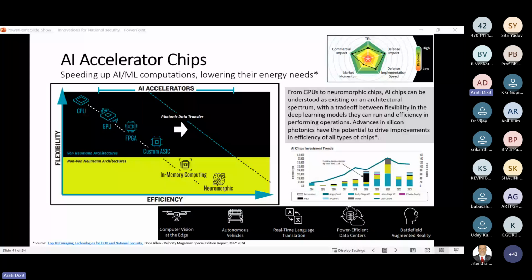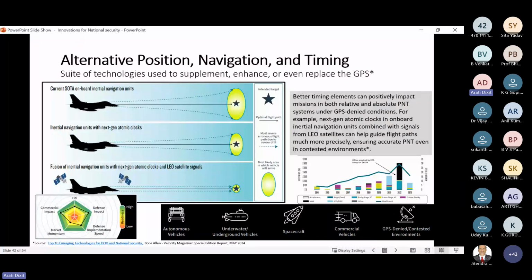So the next one is alternative position, navigation, and timing. This focuses on the suite of technologies used to supplement, enhance, or even replace GPS, the global positioning system that we are using these days.